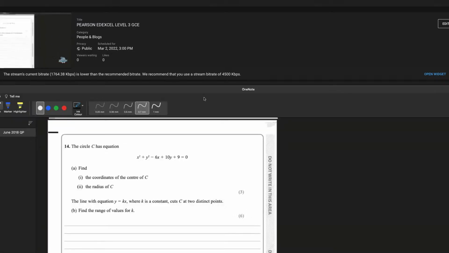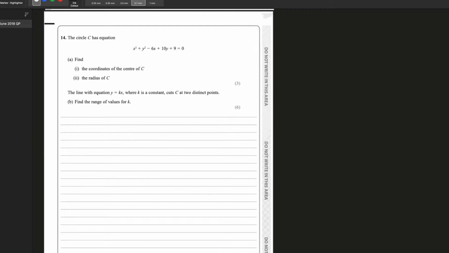All right. So, question number 14. As you can see, it says the circle has an equation given as x squared plus y squared minus 16x plus 10y plus 9 is equal to 0.